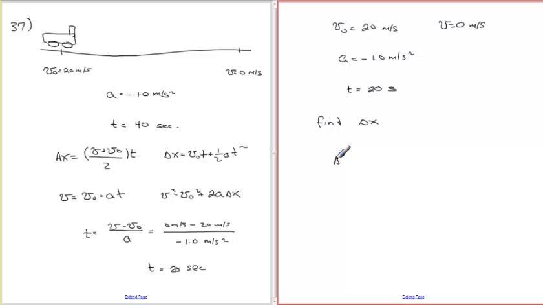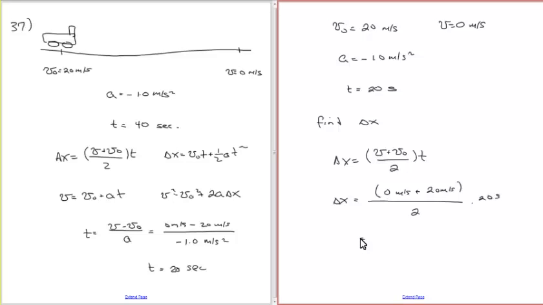So I'm going to use delta x is equal to (v plus v0) divided by 2 times the time. And again, I could have used a lot of other ones. So we have v, which is 0, plus v0, which is 20 meters per second. We divide by 2, and we multiply by the time, which is 20 seconds.